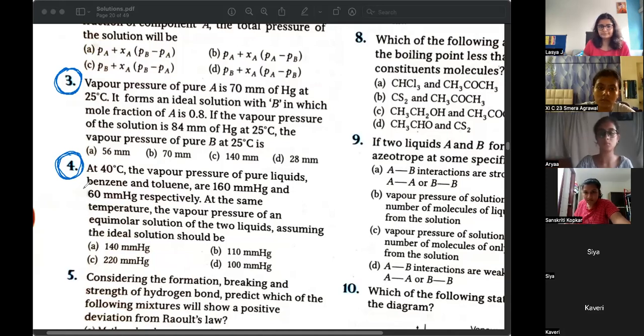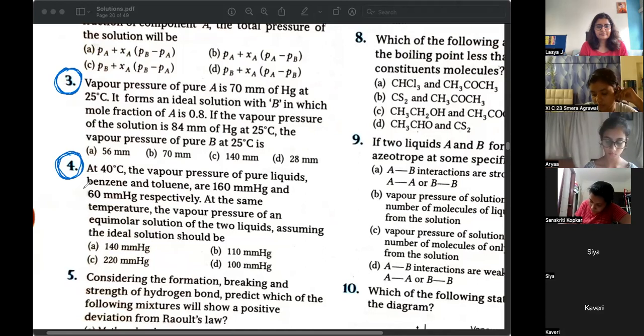Okay. Sanskriti, yes, I got it. So the fourth is also pretty easy. It's just an equimolar solution. What is the question telling you? What is given? You just have to figure that out, but the rest of it is pretty easy.